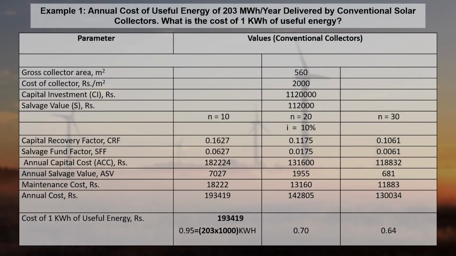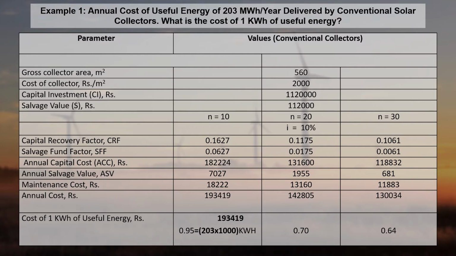Then we calculate the annual capital cost. We multiply the capital recovery factor into the capital investment. Then we calculate the annual salvage value by multiplying the salvage fund factor into the salvage value. At the end, we calculate the annual cost.